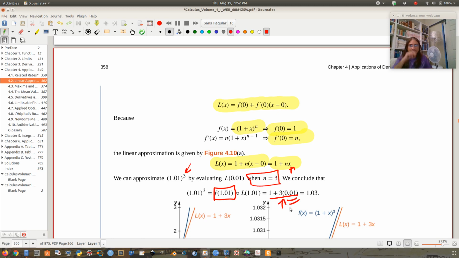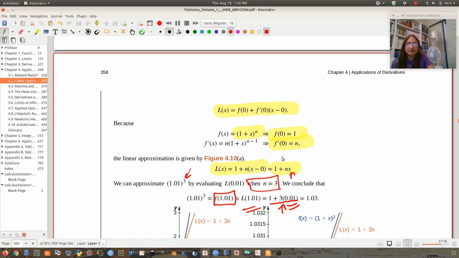And L of 1.01. So here we get 1 plus 3.01. Okay, so this is x minus 0, so there is a typo in the problem.